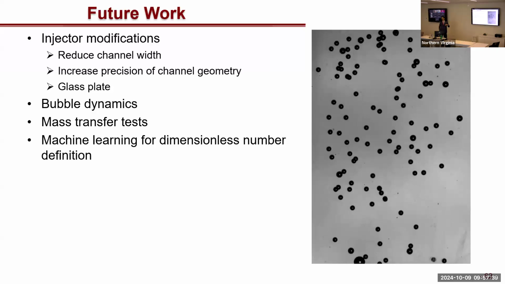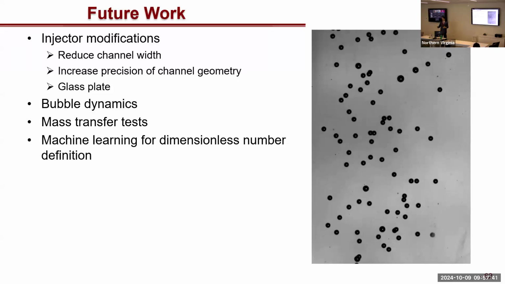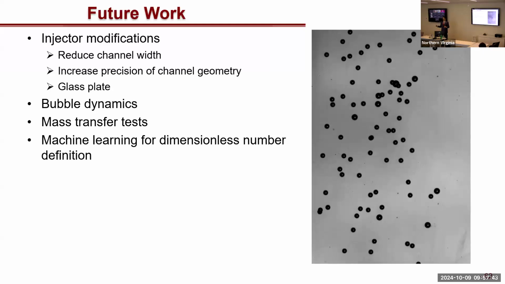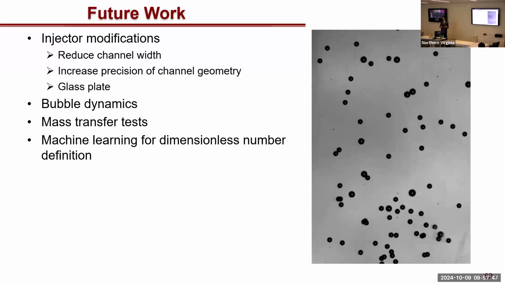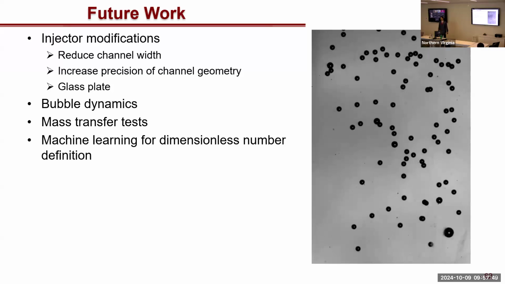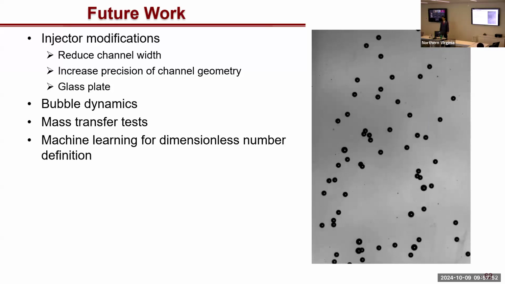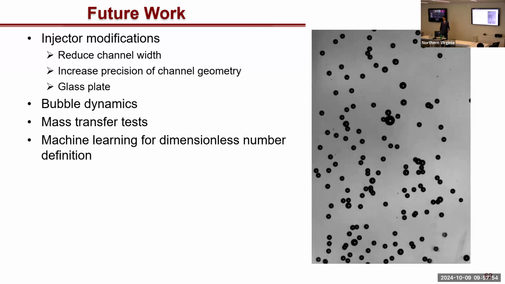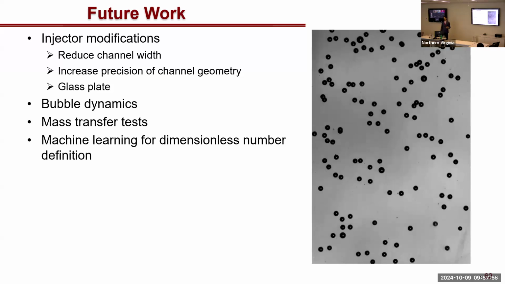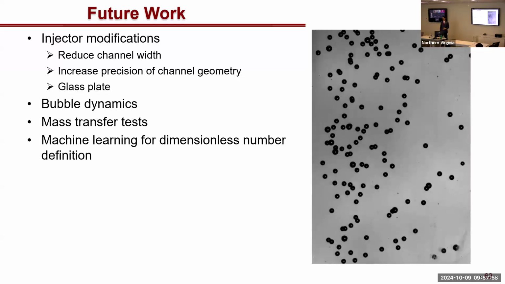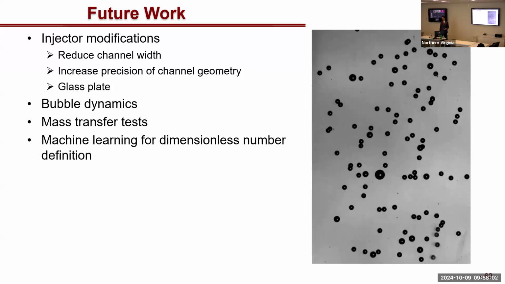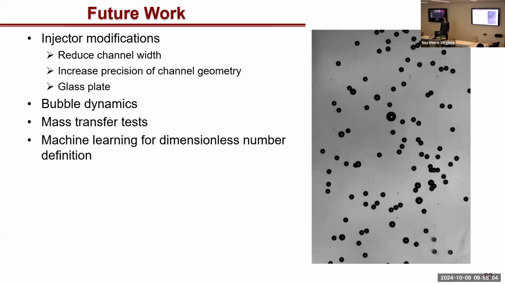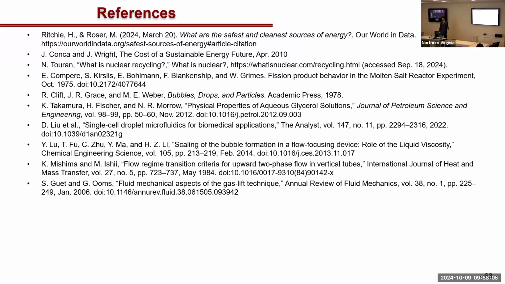You can take the input of how fast these bubbles are moving and the kind of path they're taking, and it will give you an output of the Schmidt or Sherwood number. The Sherwood number is very similar to the Nusselt number, which is for thermal diffusion.